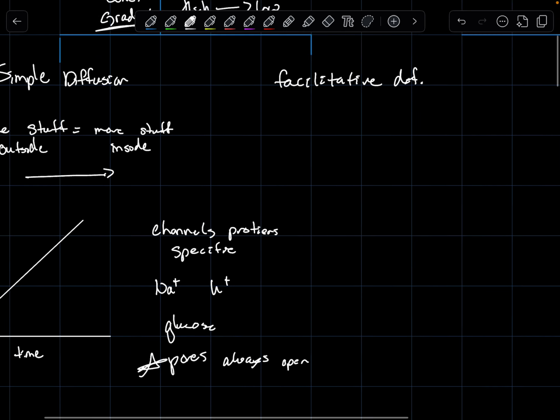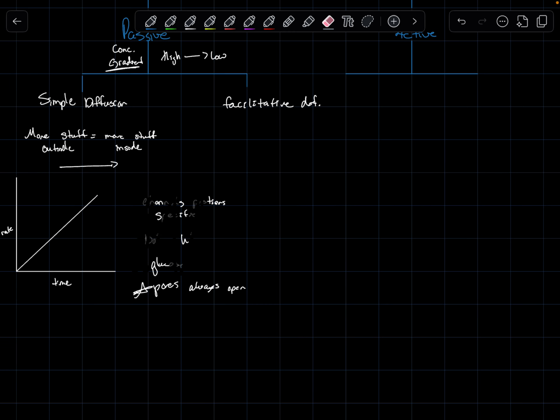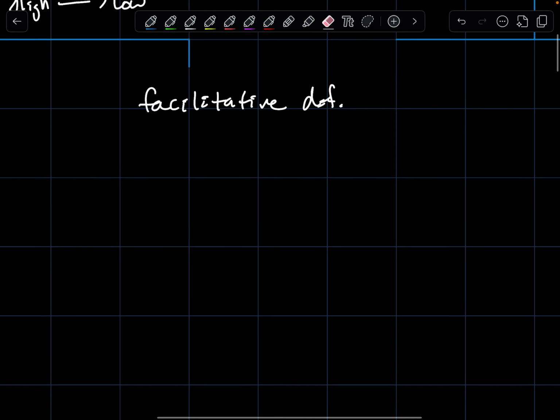Okay, now if we move over to facilitated diffusion, I'm going to erase some of this stuff. Facilitative diffusion is determined by the concentration of the proteins.